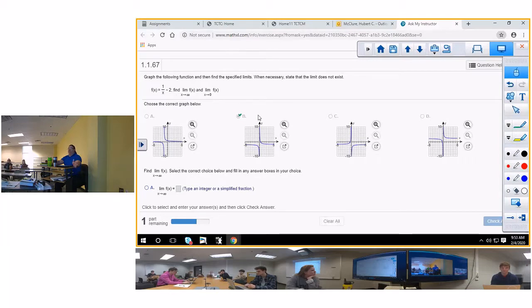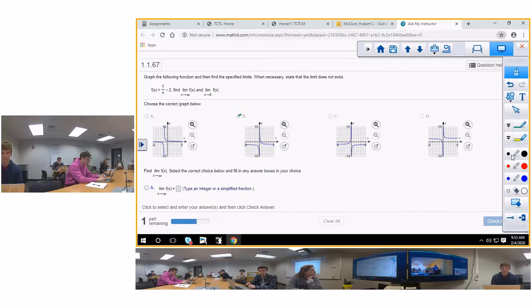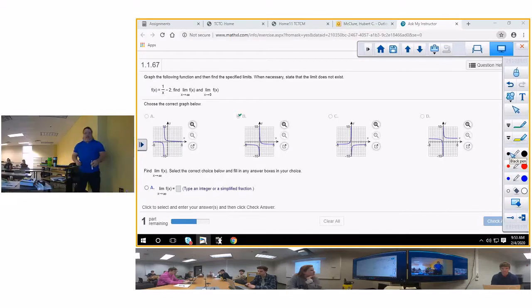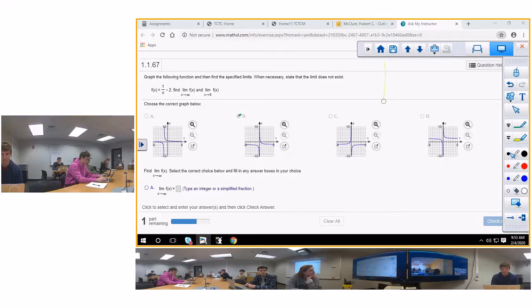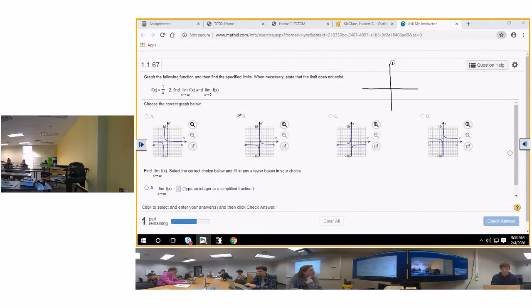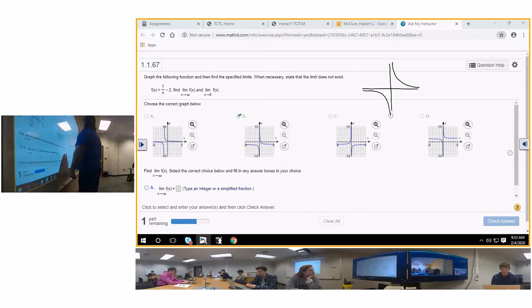Okay, everybody turn to your parent graphs and tell me what 1 over x looks like. Well, don't hurt yourself. 1 over x looks like half a volcano. One over x looks like this. Y'all remember that?